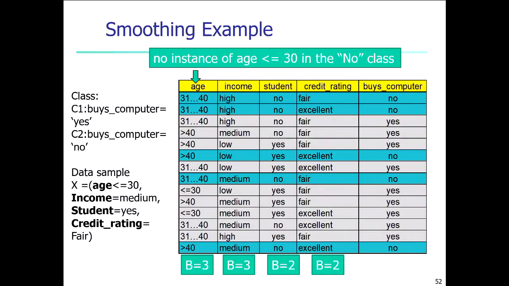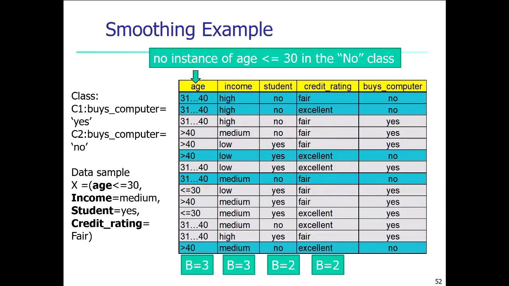Let's use an example, which could be more straightforward. Let's say we modify the table. Now there's no instance of age smaller than or equal to 30 in the no class.